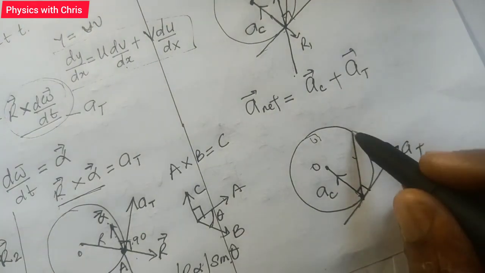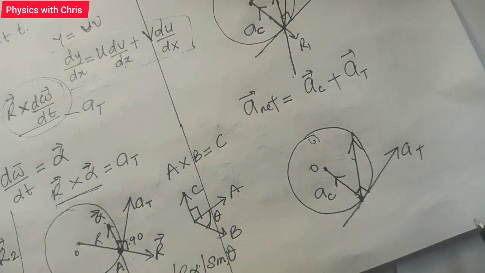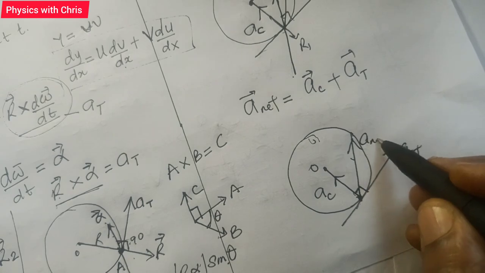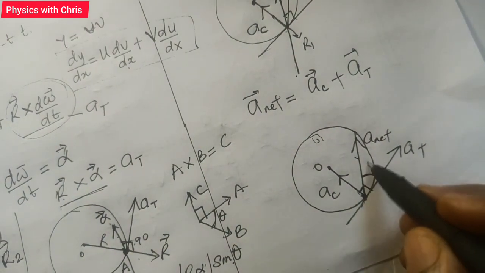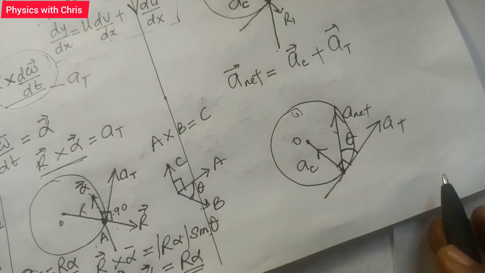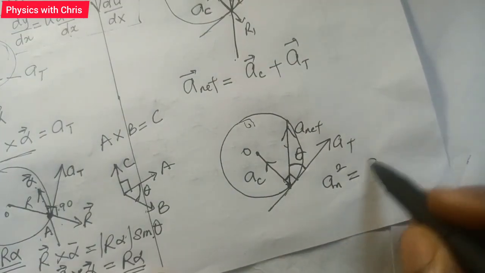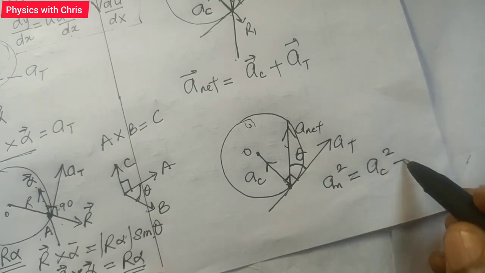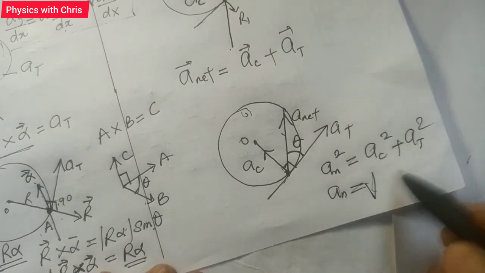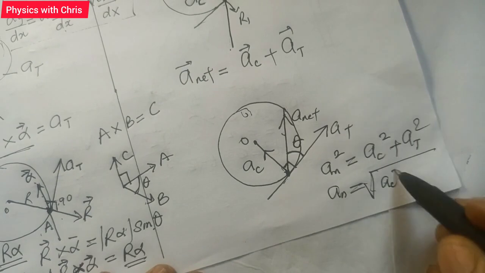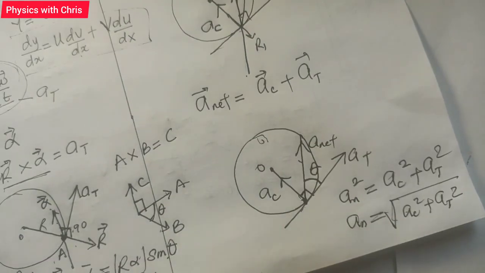My net acceleration is a vector represented by this arrow, a net. We can place an angle theta here to find the angle between them. Using Pythagoras theorem, my net acceleration squared is equal to ac squared plus at squared. So my net acceleration will be equal to the square root of ac squared plus at squared.